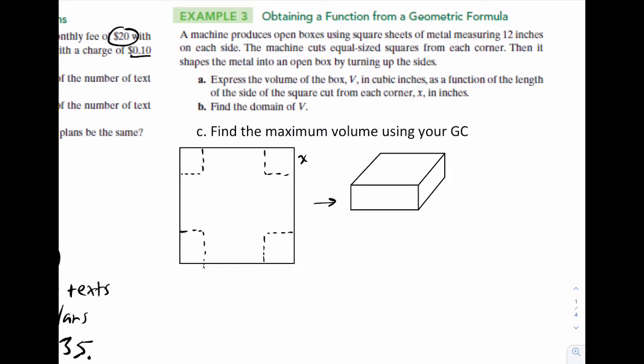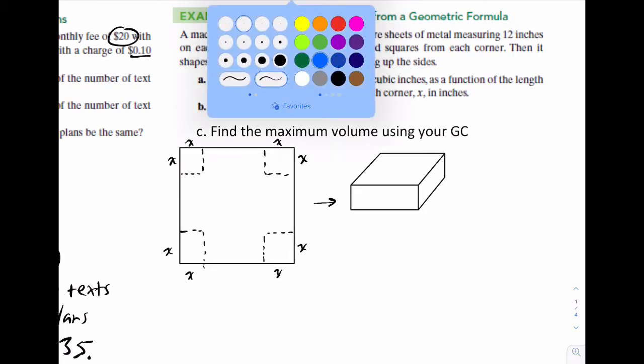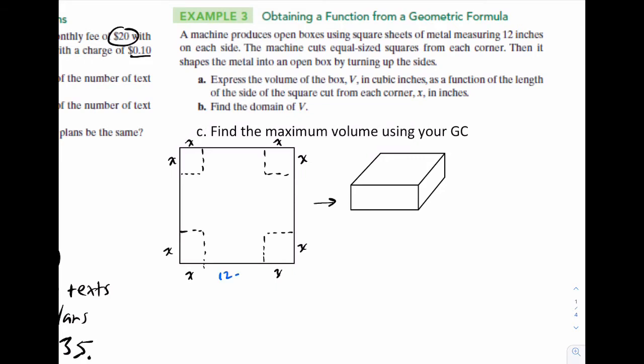So let's call the corners x. And if the sheets are 12 by 12, that would make the remaining part 12 minus 2x. 12 minus 2x. And if we fold it, that would mean these are all 12 minus 2x, and the height should be x.